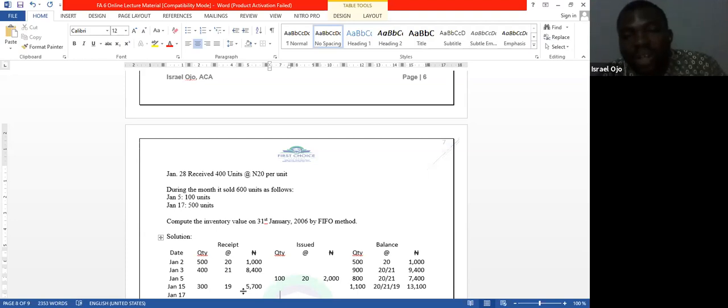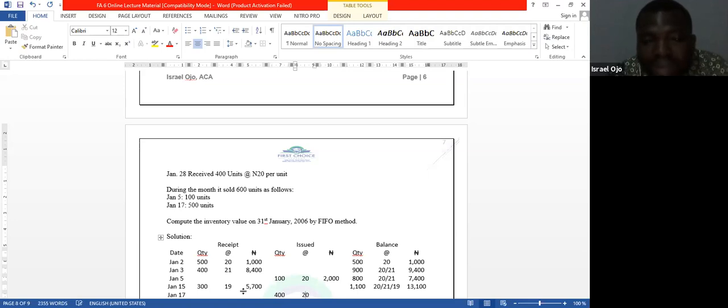So now the question is, what is the total quantity that is left for the one that is valued at 20? We purchased 500 units at 20 naira per unit, and we have issued 100 out of it. It means what is left on that 20 is 400 at 20 naira.